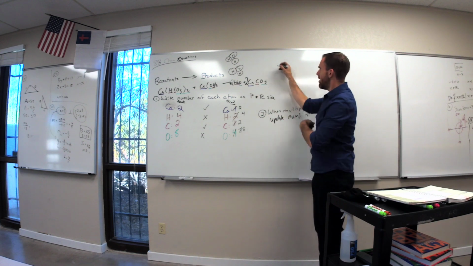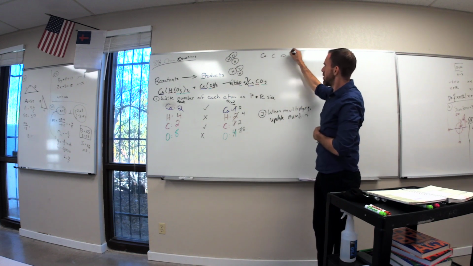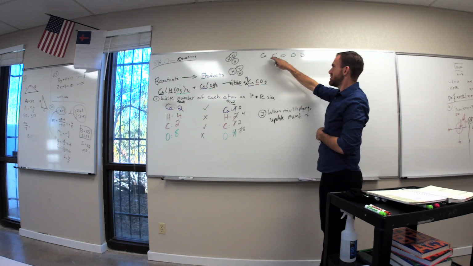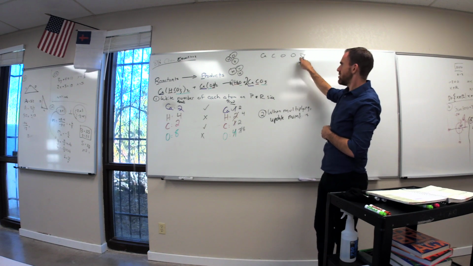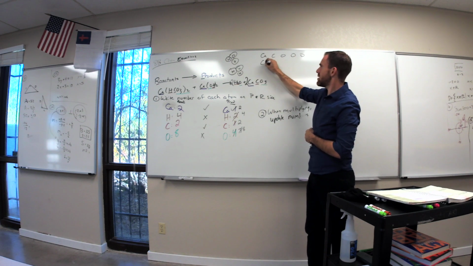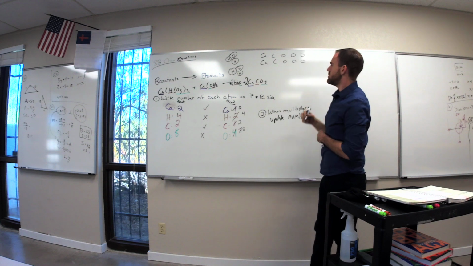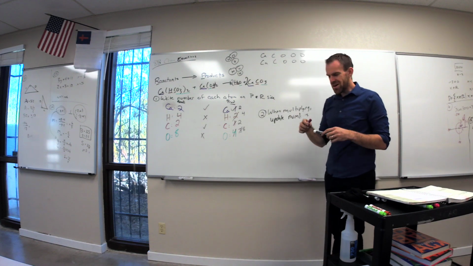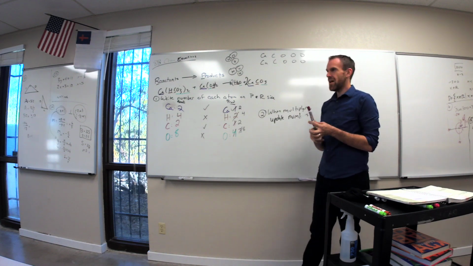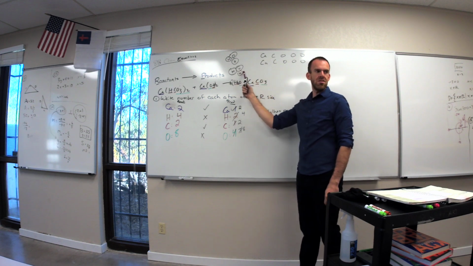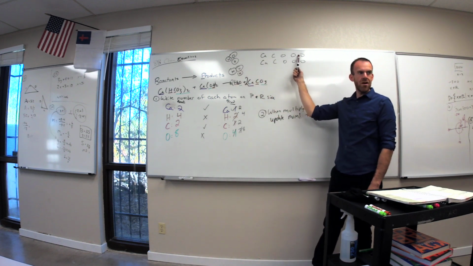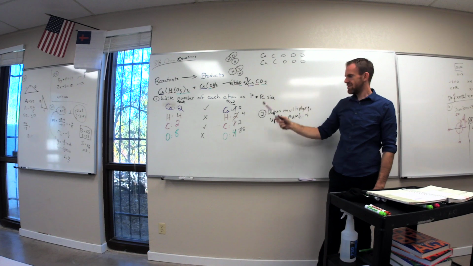Now if I write this out, Ca, carbon, 3 oxygens. But I have 2 of these. How many oxygens do I have? Here we go. This is how you do it. 6. 1, 2, 3, 4, 5, 6, 7, 8.